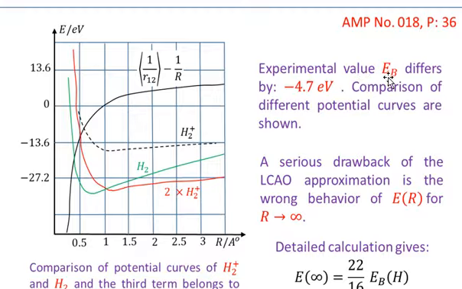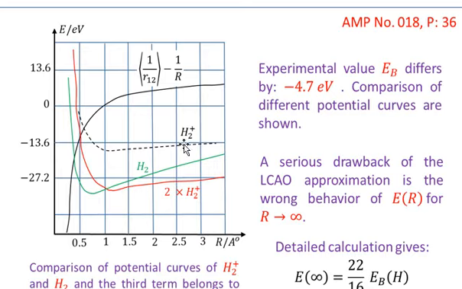Experimental value E_B differs by minus 4.7 electron volt. I have not plotted the experimental value here, but the binding energy differs from the experimental value by minus 4.7 electron volt.